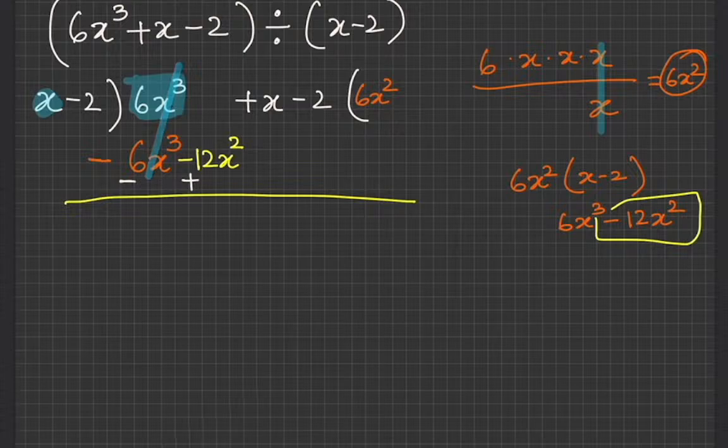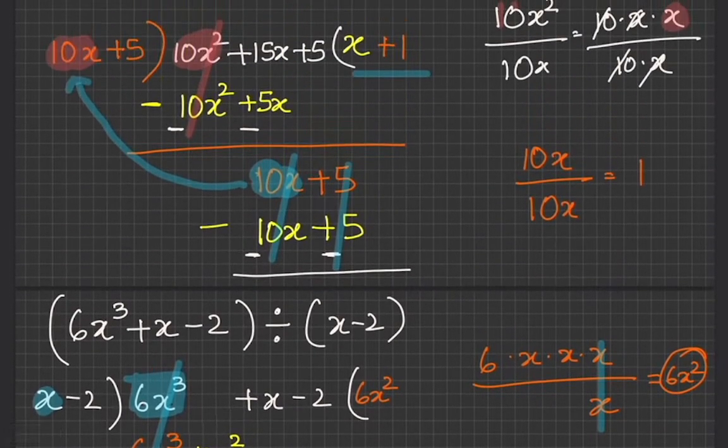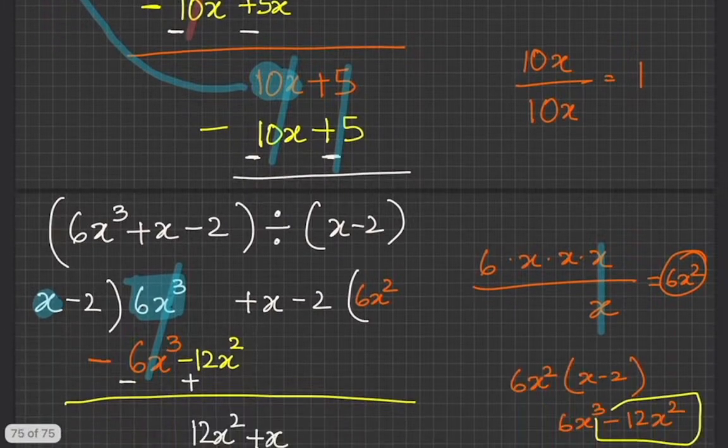Now I have a 12x squared, and then I'm going to bring down x.